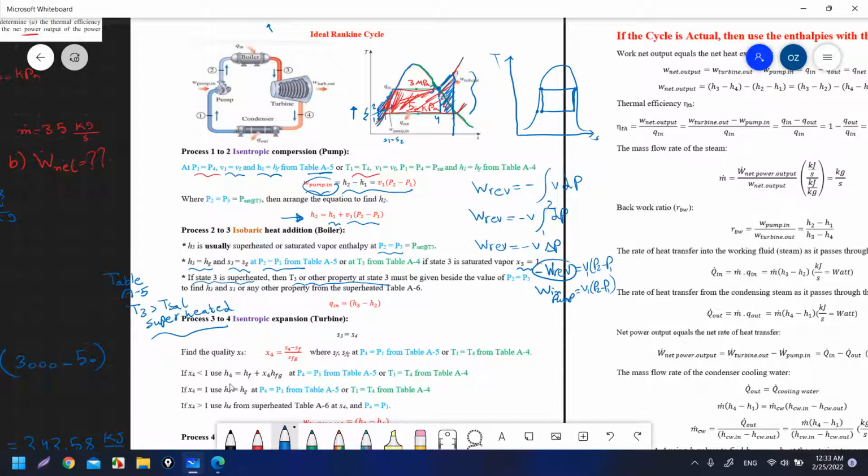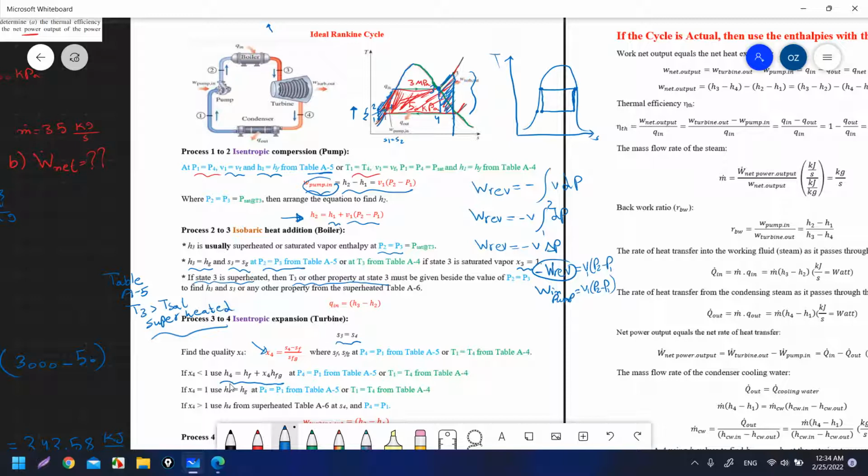I will use the famous equation for the quality. I need X4, and X4 I cannot find unless I have another property at state 4, which is the entropy. So that's why I said that S3 is equal to S4. Then I can use this equation to find X4, and from this I can use this equation to find H4.